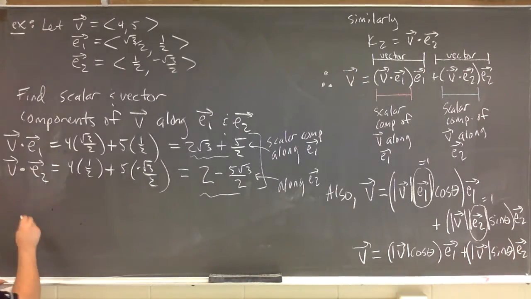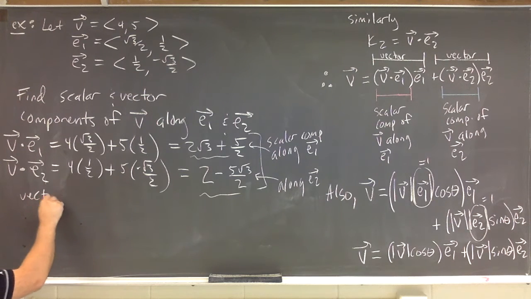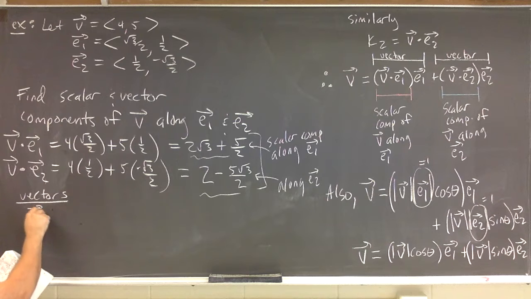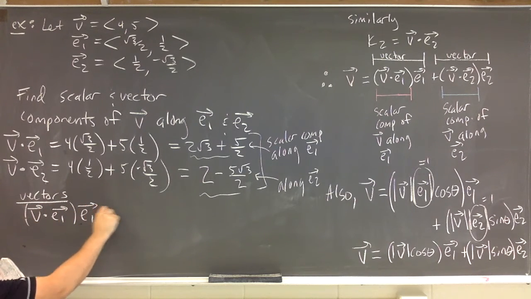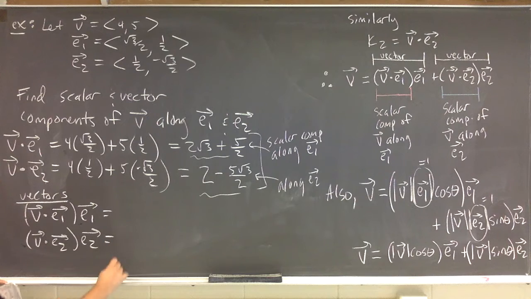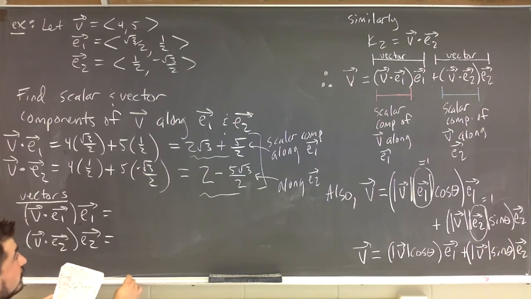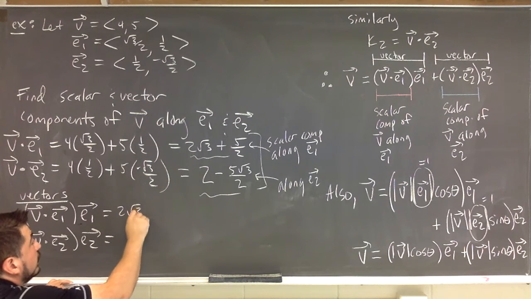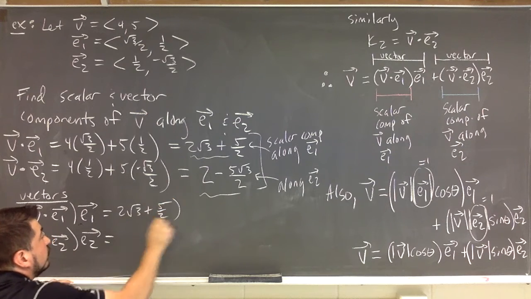And so the vector components are going to be v dotted with E1, which we've already calculated, times E1. Same with the other direction. And so v dotted with E1 was (2 root 3 plus 5) over 2.